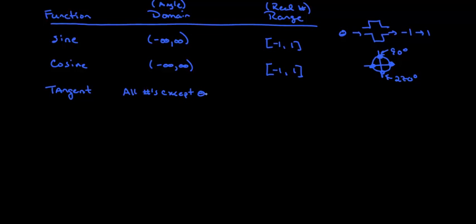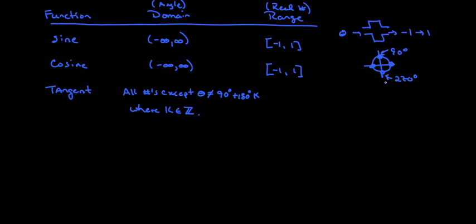Theta cannot be equal to 90 degrees, plus 270, which is 90 degrees plus 180, plus another 180, plus another 180. So we're going to write it as 90 degrees plus 180k, where k is an integer.